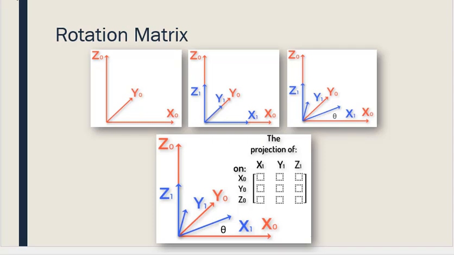And here is the rotational matrix. We are considering x0 to x1, y0 to y1, and z0 to z1. When we rotate, x1 goes through that, and according to that x, y and z will change. Always remember that this is 3D.